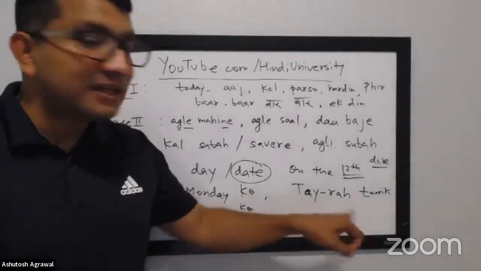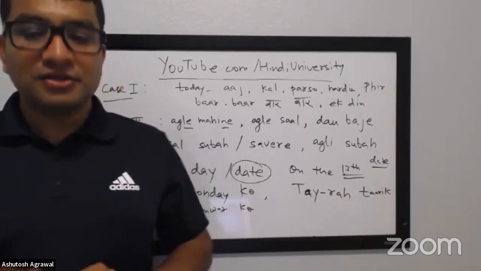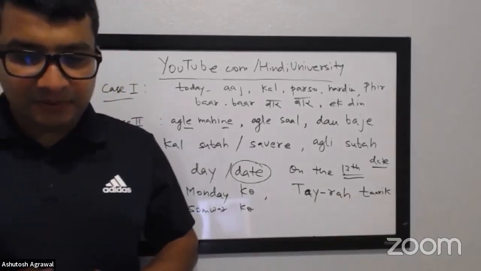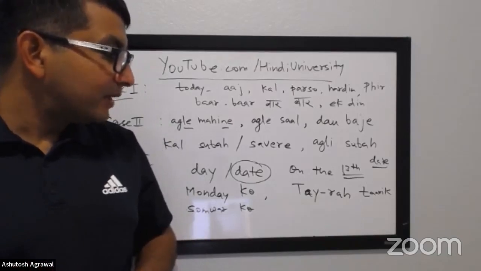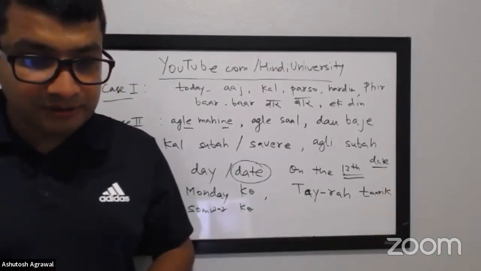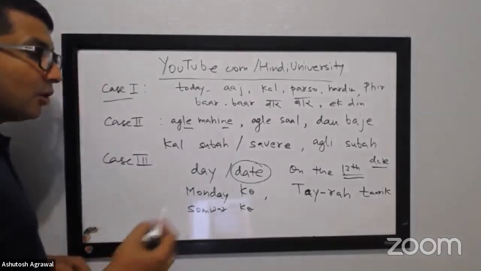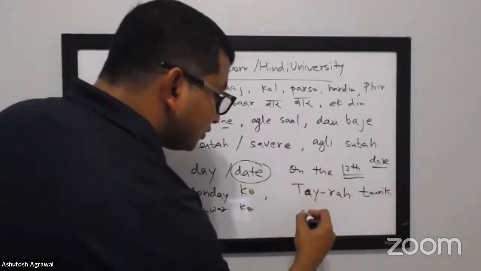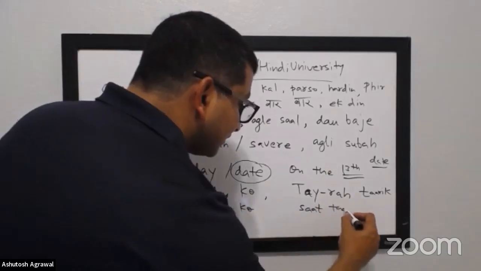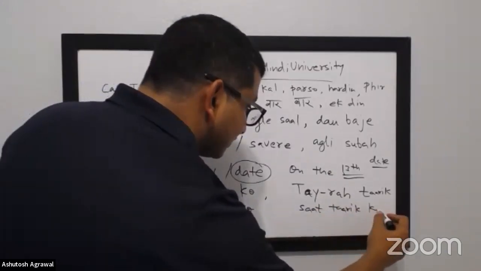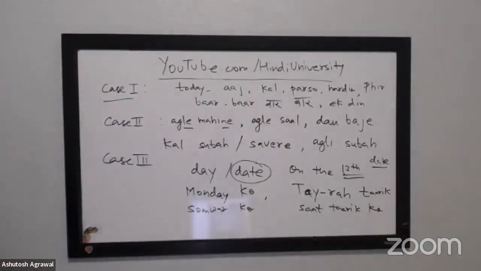So मैं 13 तारीख को पेरिस जाऊंगा. Postposition ko is being used on the 13th. Or if you were to say on the 7th, you will say मैं 7 तारीख को पेरिस जाऊंगा.